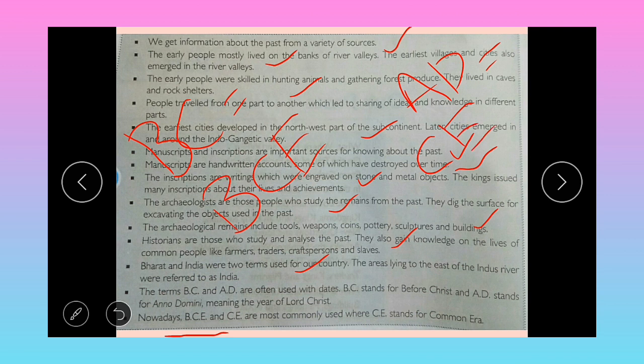BC means Before Christ. BCE means Before Christ Era. AD means Anno Domini, in the year of the Lord. CE means Christ Era, that is also the meaning of Christ Era, Lord Jesus era, whatever years after the birth of Jesus are called CE.